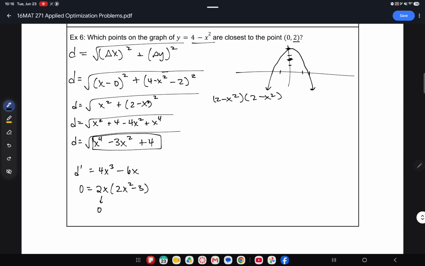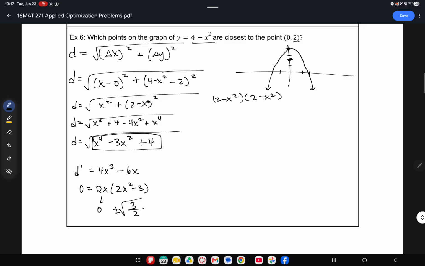So one of them is 0, which should make sense, because the closest point, if it was the point, it would be the minimum distance. And then I would add 3, divide by 2, and take the square root of plus and minus the square root of 3 over 2.